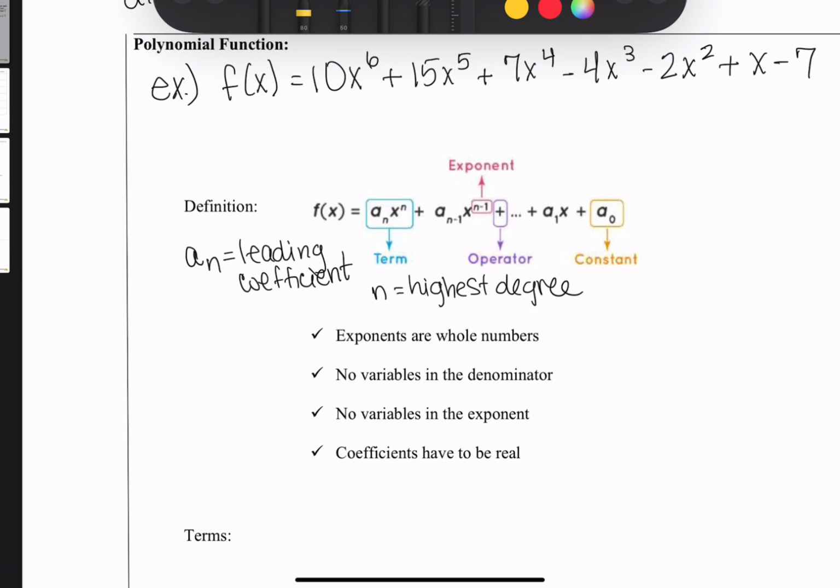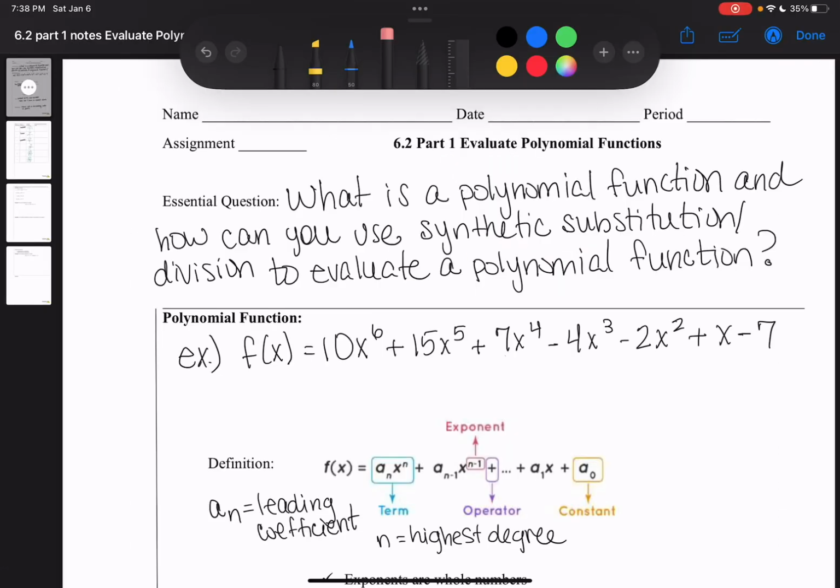And then it's got a bunch of dots there. The dots just represent all the terms in between before we get to our linear term, which is a sub 1 and then x raised to the first power. Linear means just x to the first power. And then our constant term, which is a sub 0 times x to the 0 power. X to the 0 power is just 1, so you don't even see the x there.